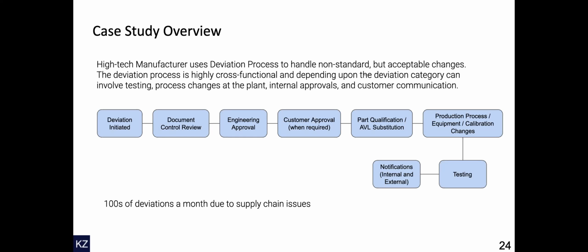And to support customer demand, you need to do this deviation process very, very fast. The deviation process involves quite a few functional areas within the organization. In some cases, you even get customer approval before the deviation is done. Manufacturing, testing, and engineering have to allow such deviations.